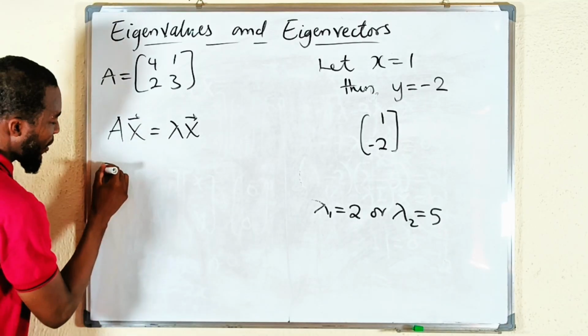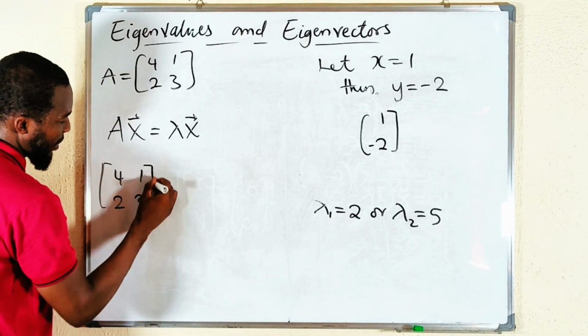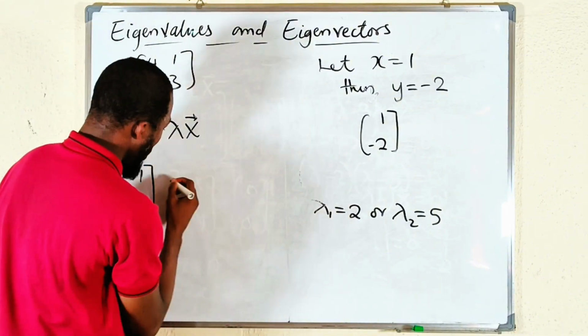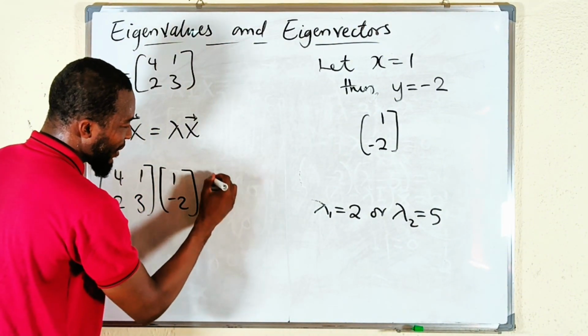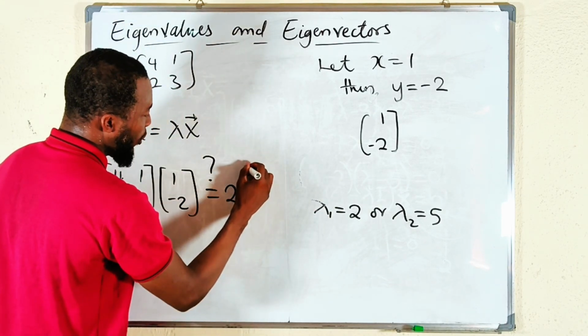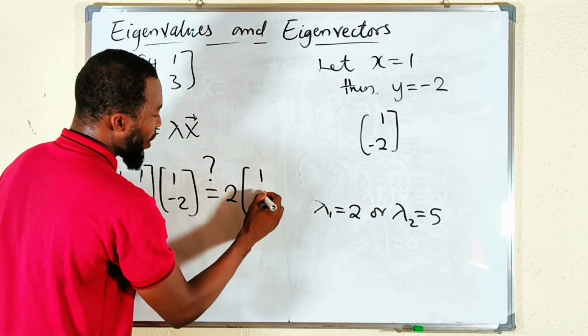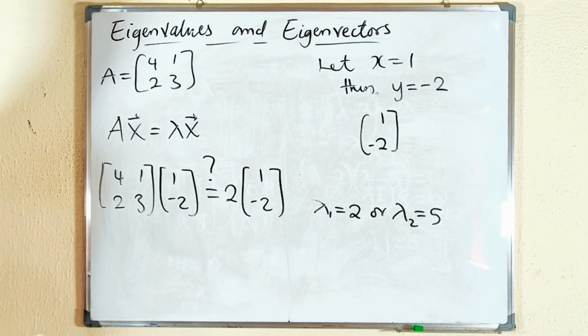So the matrix is 4, 1, 2, 3. Eigenvector is 1, negative 2. Is it the same thing? The eigenvalue is 2 multiplied by that vector, which is 1, negative 2. Let's see whether the left and the right hand side are going to be the same.